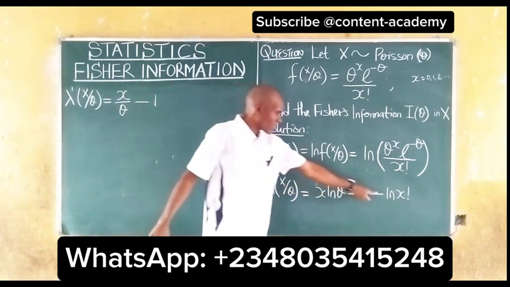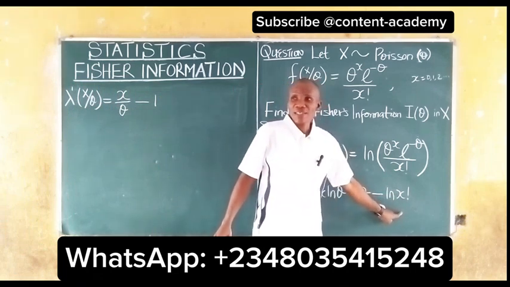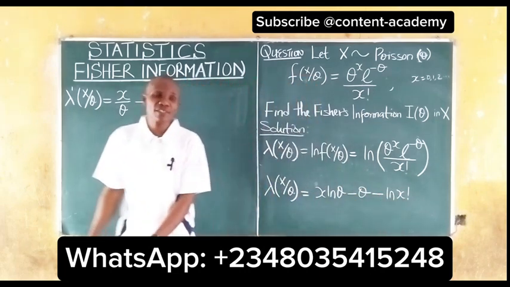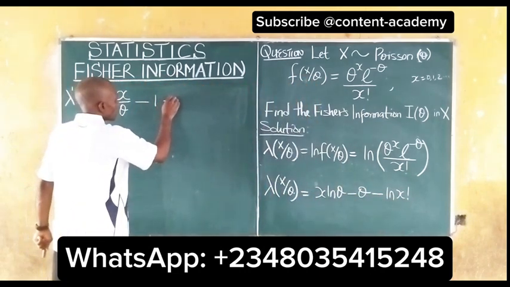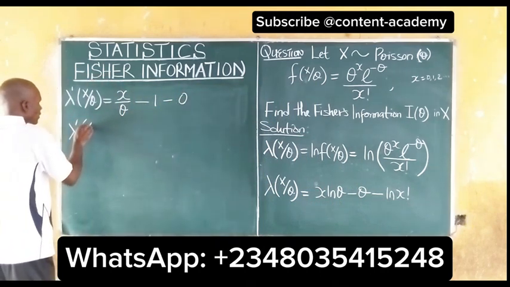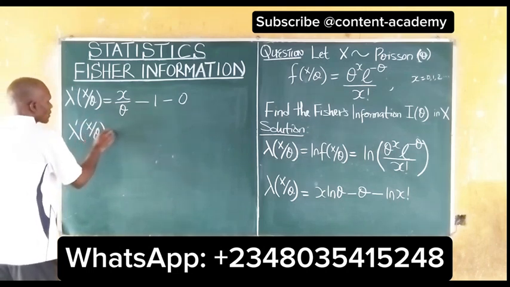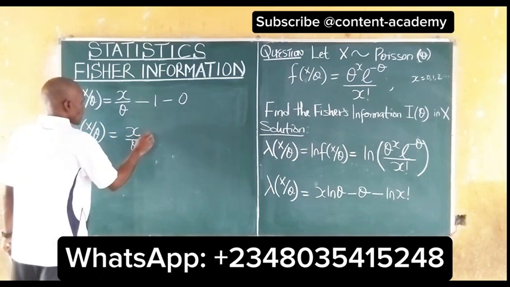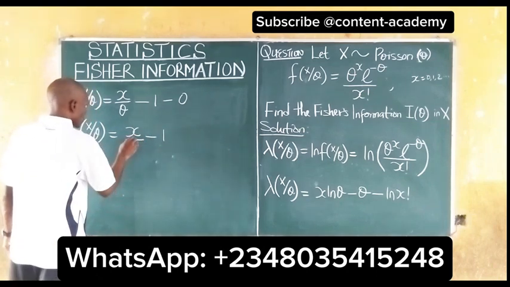If we also differentiate ln x factorial with respect to theta, since there is no theta here, we'll get 0. So we can write it as minus 0. It then means that our first derivative is equal to x all over theta minus 1.